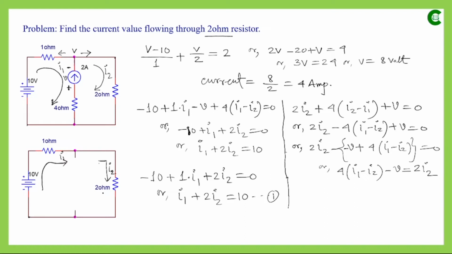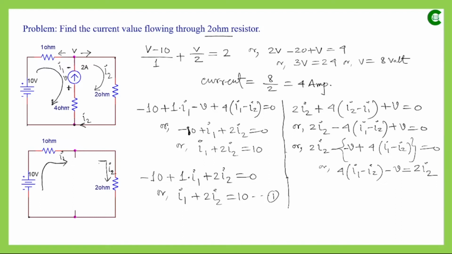To have another equation, we have to go back to the actual circuit and apply KCL at this node. With respect to this node, the current I2, which we assumed in the original circuit in the second loop, is entering.